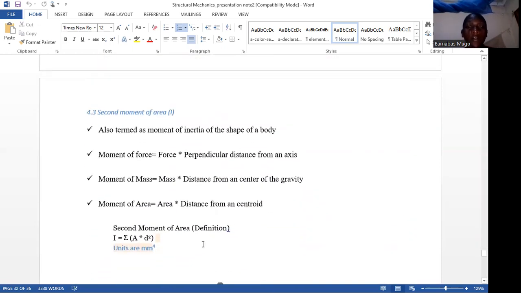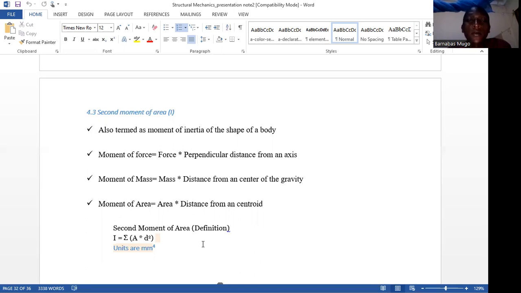Then from there, we need to know how to calculate the second moment of area, which is also called the moment of inertia of the shape of a body.